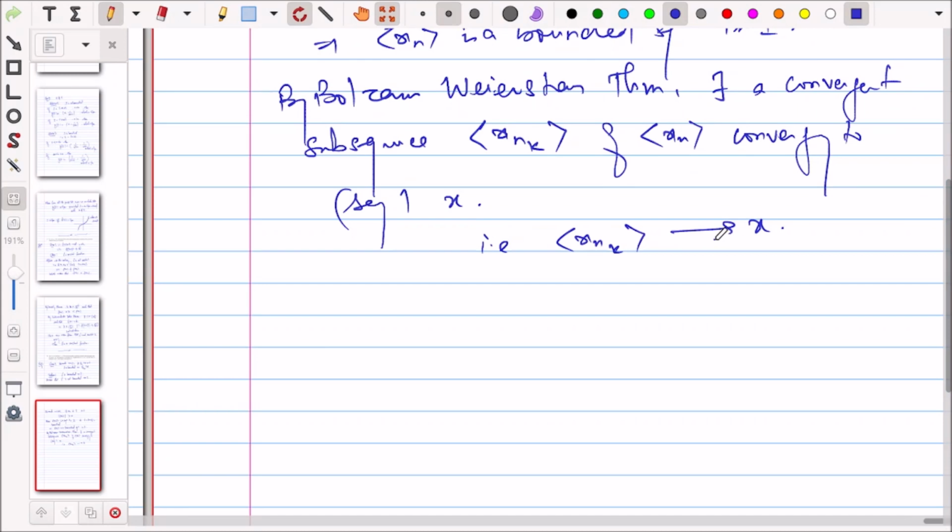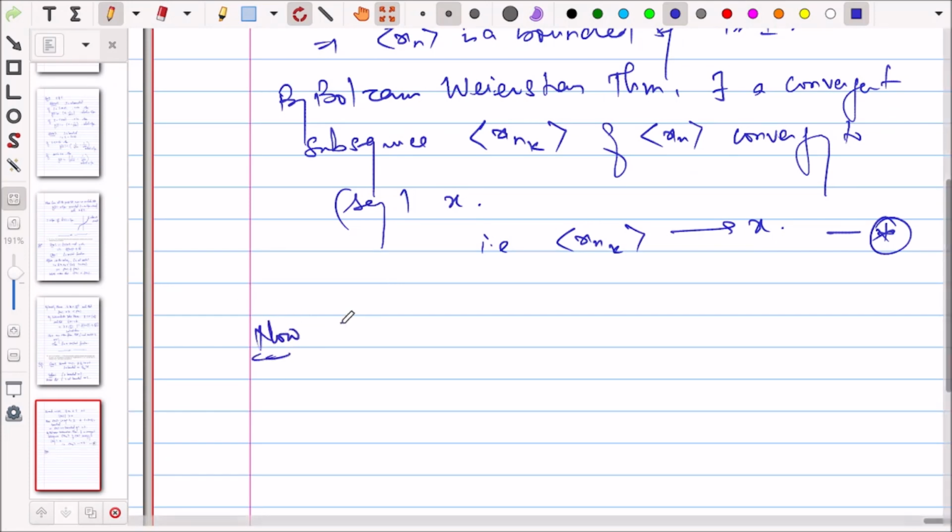So now x_{n_k} converges to x, what does this imply? Mark this as star.